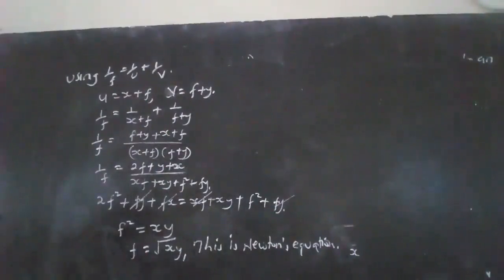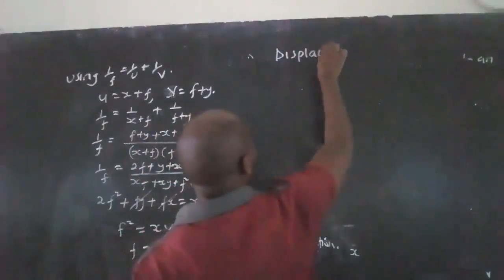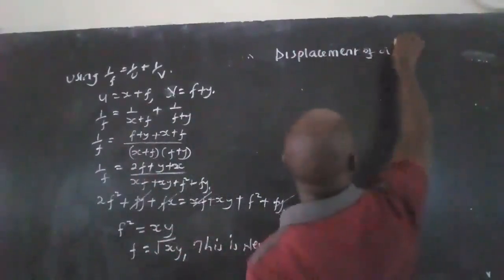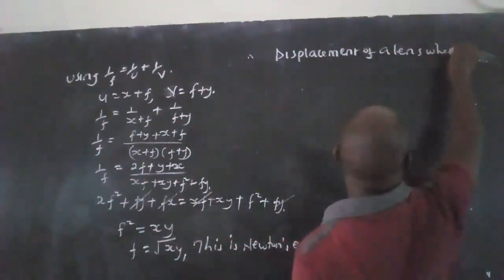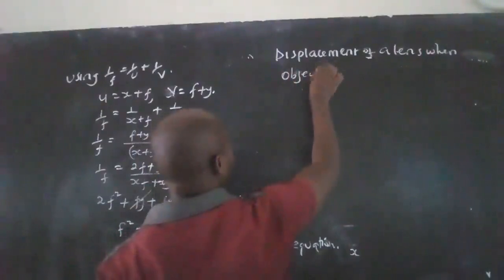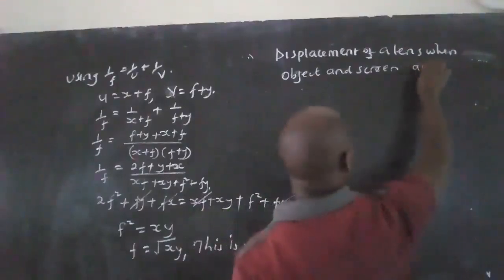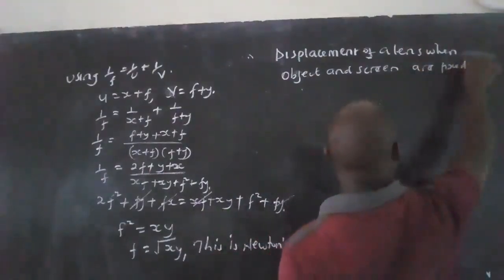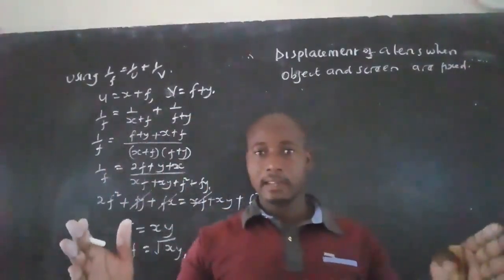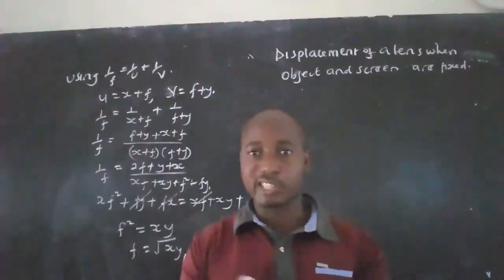Now we go to displacement of a lens, when the object and screen are fixed. We are just going to have the object and the screen fixed, and we displace the lens across the distance.